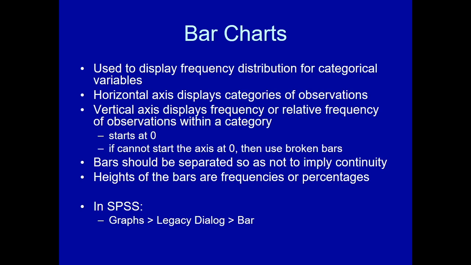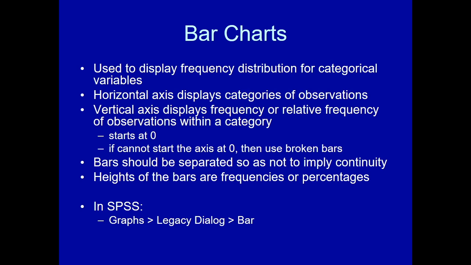Sometimes you'll want to arrange your categories alphabetically or by frequency within the category or on some other rational basis. So the way you organize the categories on that x-axis could be any of those ways. We often arrange them by frequency, starting with the least frequent and ending with the most frequent.